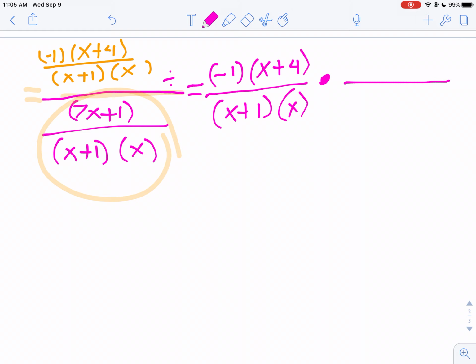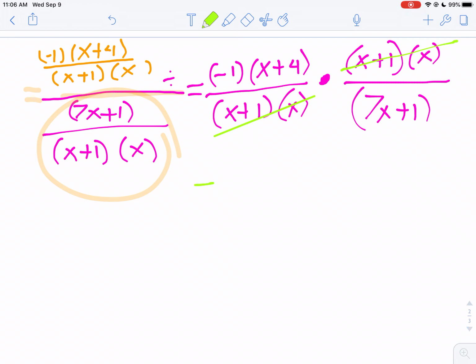So we're going to have x plus 1 over x, and then put the 7x plus 1 down here. And now you see that you can actually cancel these terms. The x plus 1 cancels the x plus 1, and the x cancels the x.